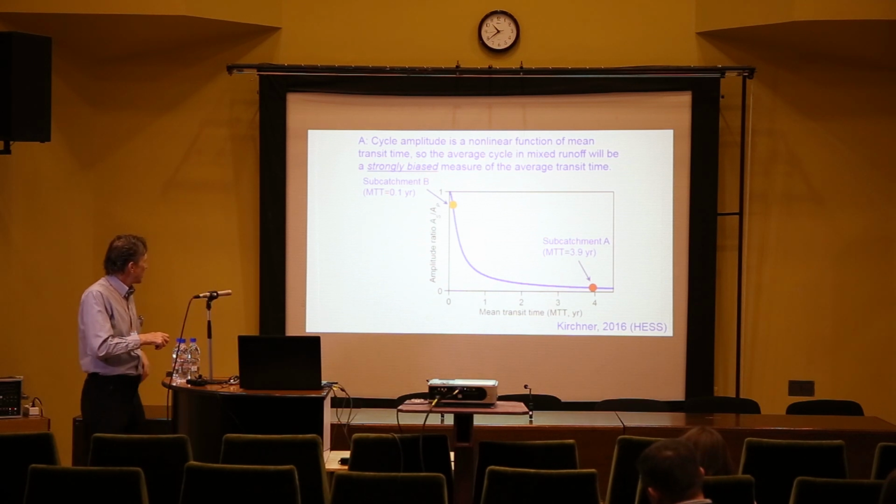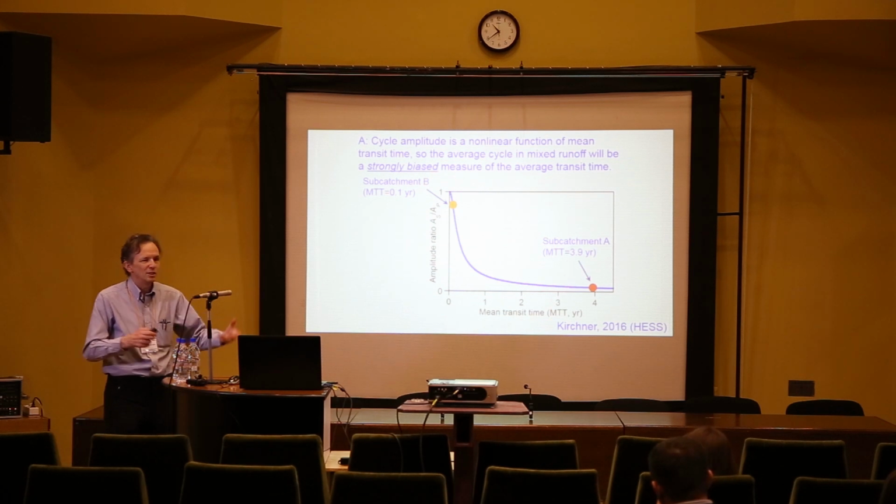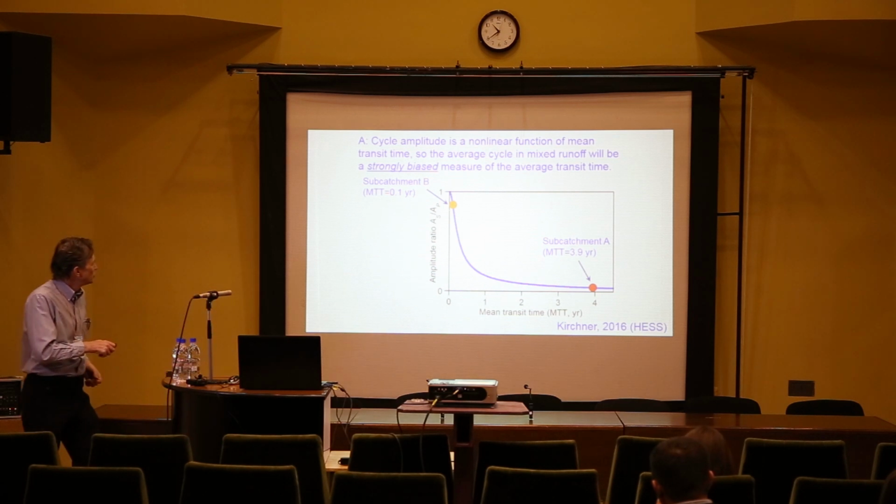In the underlying mathematics, you can show that the amplitude ratio between the stream and the precipitation varies from 1 if you are not storing any water at all, so it transmits precipitation directly if your catchment is made of Teflon, right, to a small number if your transit time is very long.